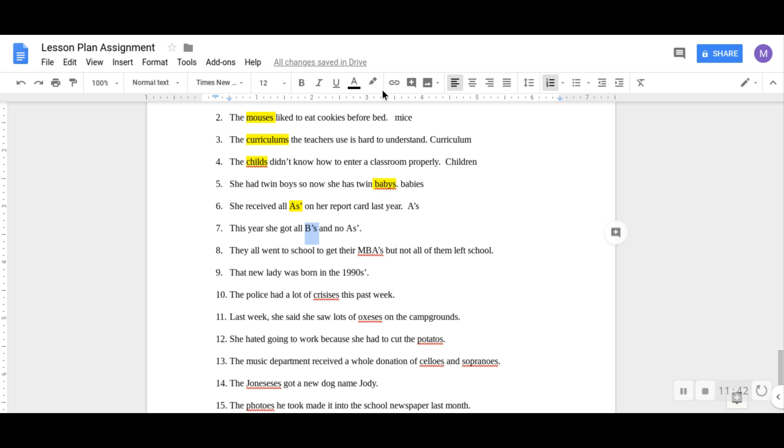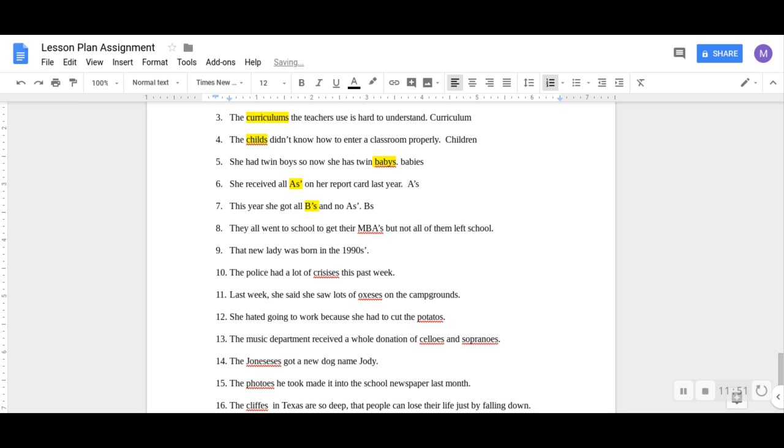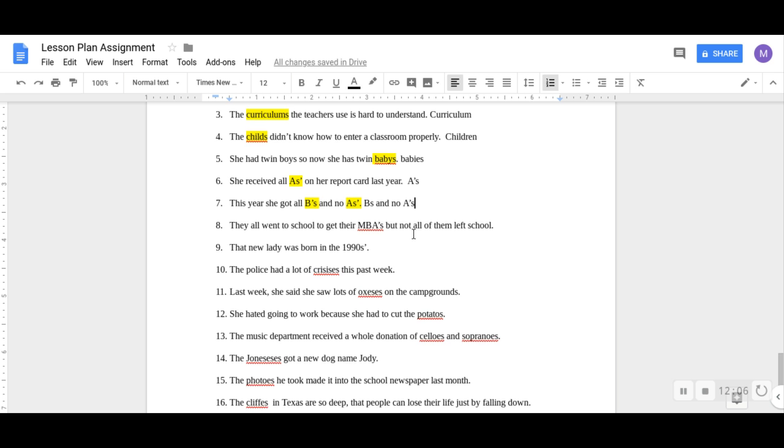B's are just going to be B with an S. The only ones that you have to worry about having an apostrophe are either M, A, U, or I. So this A is wrong as well. A's is the correct way to punctuate that one.